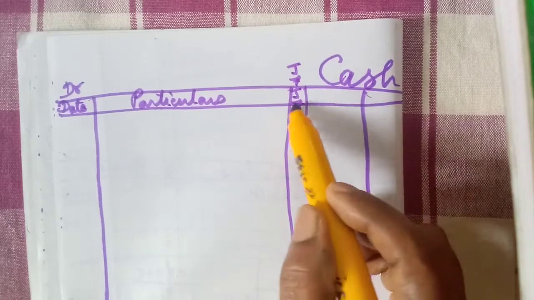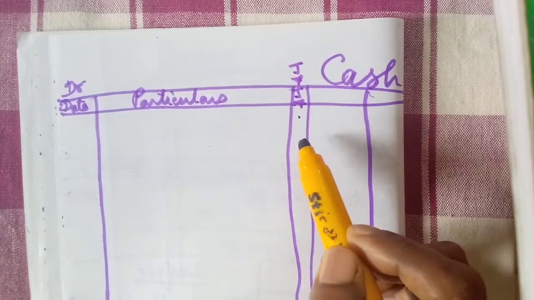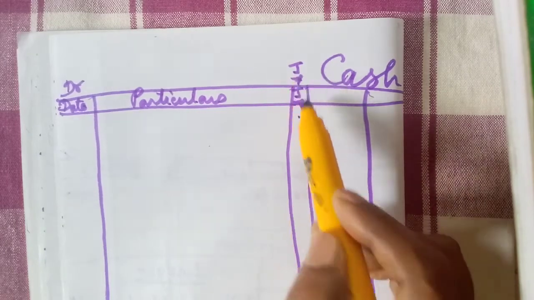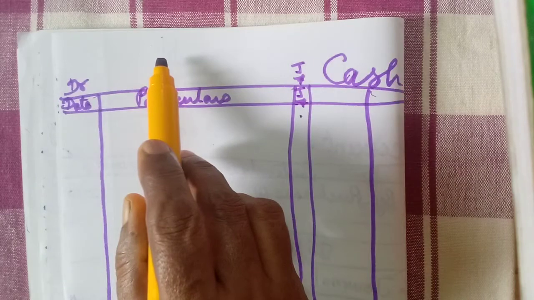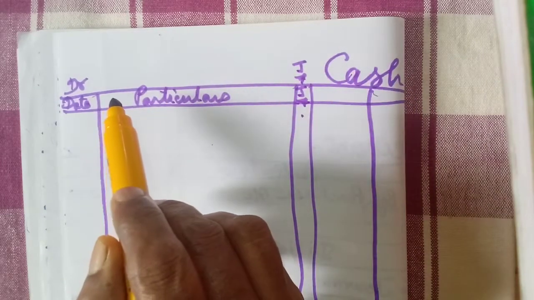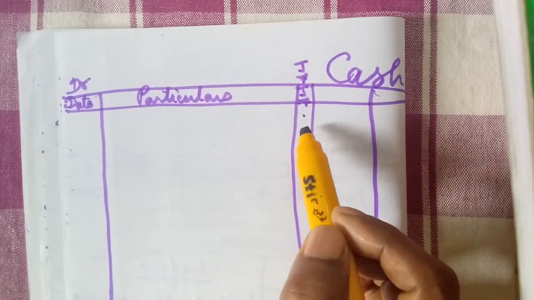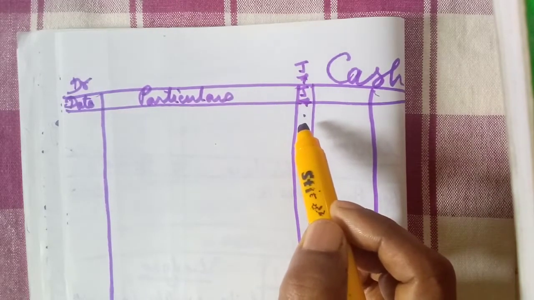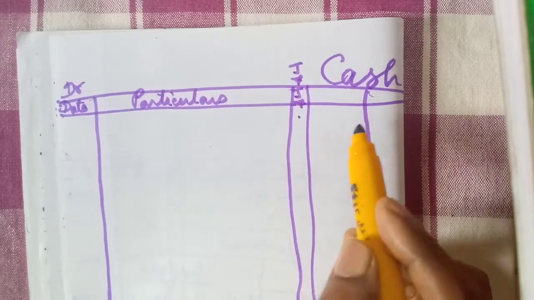Okay, here we will write from which page of the journal entry we are posting here. Okay, that is JF. In the ledger account, each page number will be there. This page number will be written in the journal entries, the LF column, no? There they will post. So easily they can identify where it is posted. Okay, easily they can find out the page number of that ledger account.